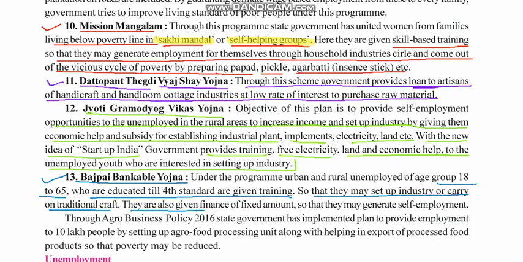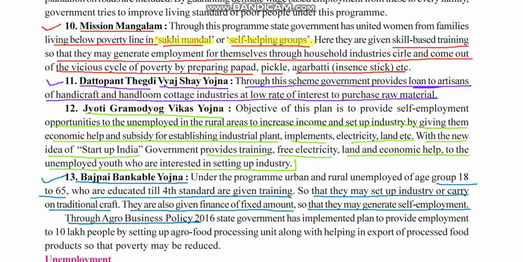They are also given finance of fixed amounts. They are given financial support, technical support, training support, so that they may generate self-employment. Basically this is a self-employment scheme. They are trained in such a way that they can earn money for themselves.